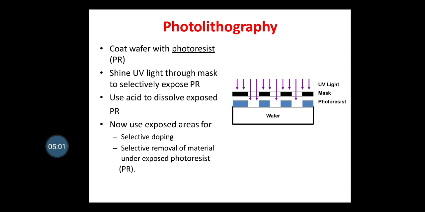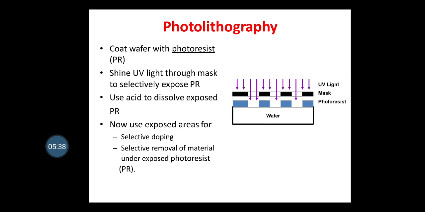In photolithography, different masks are used so that a certain pattern of that mask can be etched upon the oxidized wafer, the wafer on which we have already done oxidation. Here you can see a photoresist is coated on the wafer, and then ultraviolet light through a mask is used to selectively expose the photoresist.